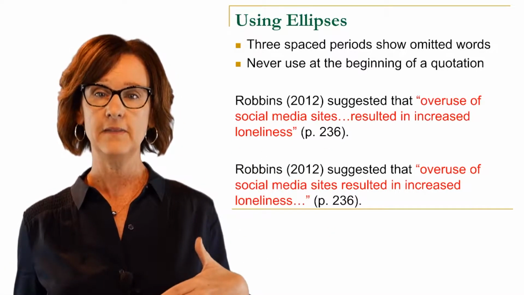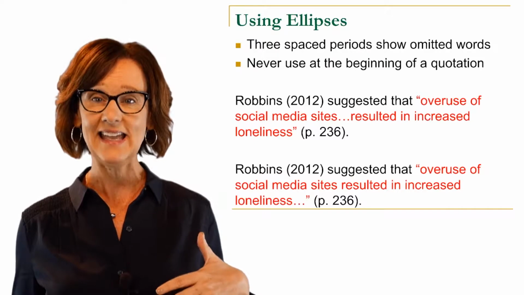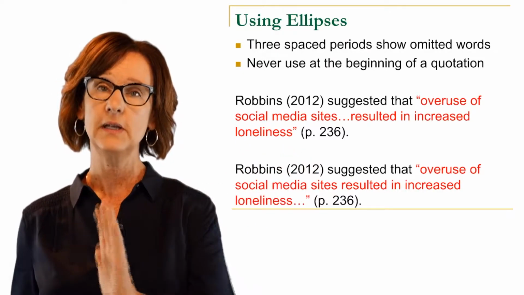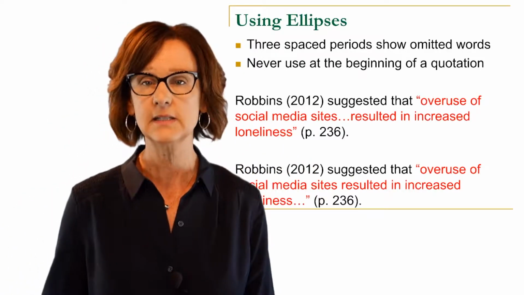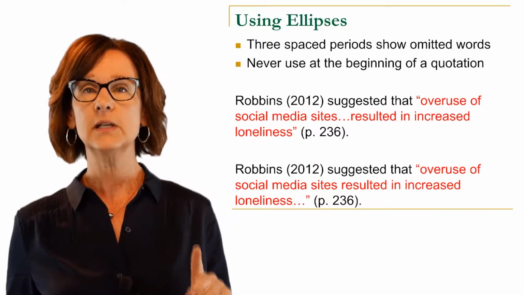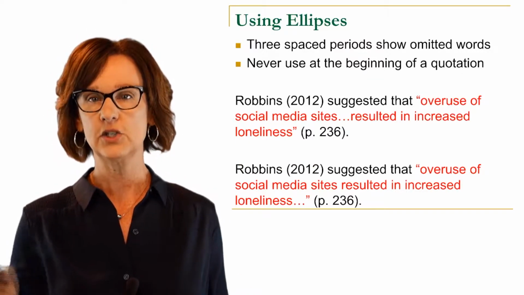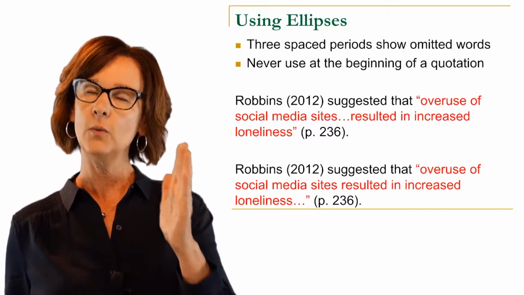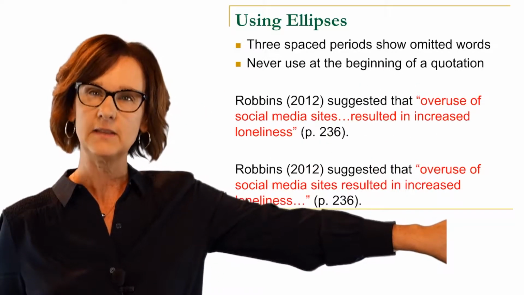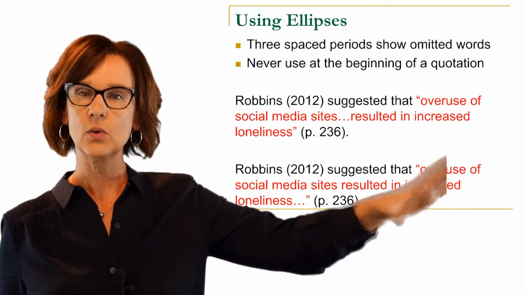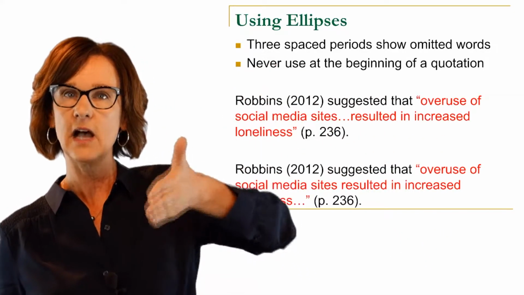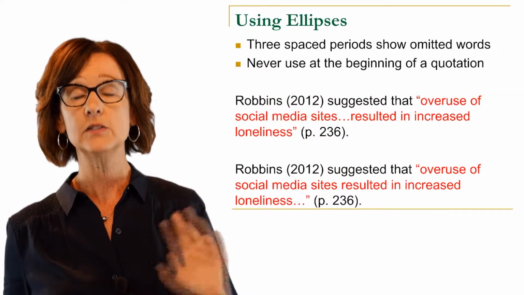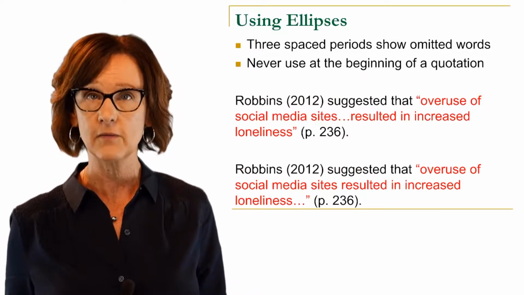Again, at the end there, you can use the ellipses at the end to show that you've taken off something from the end of the sentence. You do not use ellipses at the beginning of a quotation. So do you notice, like before overuse, even though there were words that preceded that in the original source, I didn't put ... overuse, because you do not use ellipses at the beginning of a quotation.